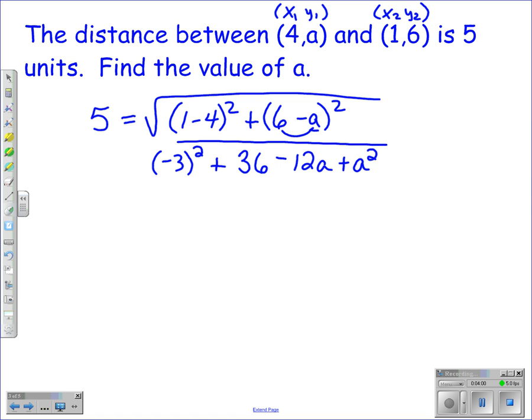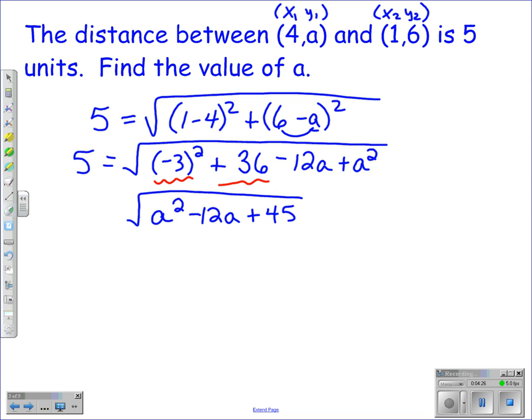That is all underneath the radical equal to 5. Combine any like terms that you can. Here we have a positive 36, and we know that this number is 9, so 36 plus 9 gives us 45. So let's rewrite things a little bit underneath here. Let's have a squared minus 12a plus 45, all underneath the square root, equal to 5.